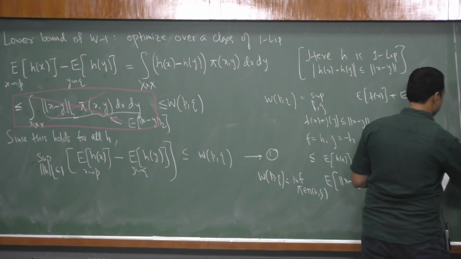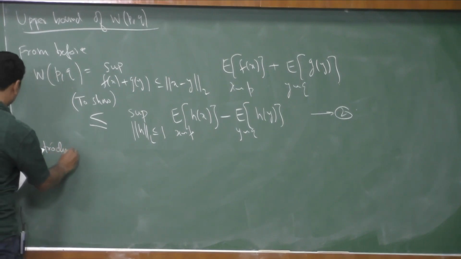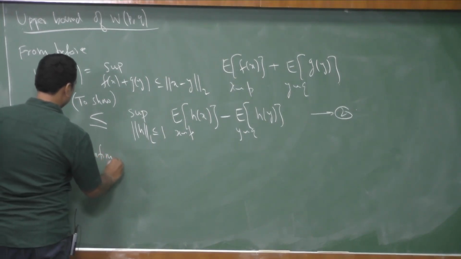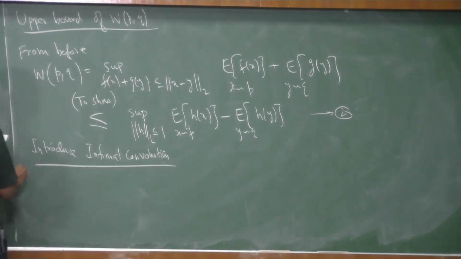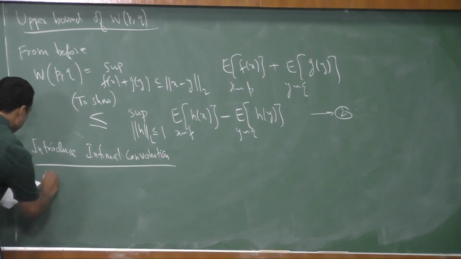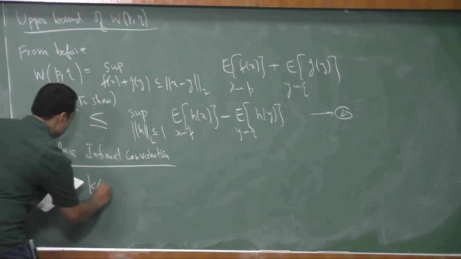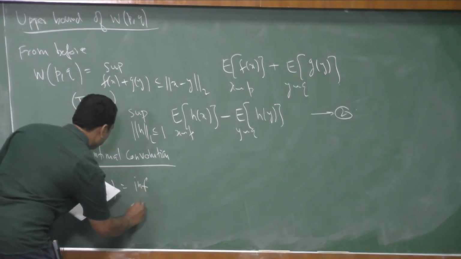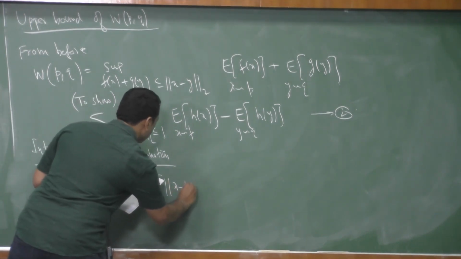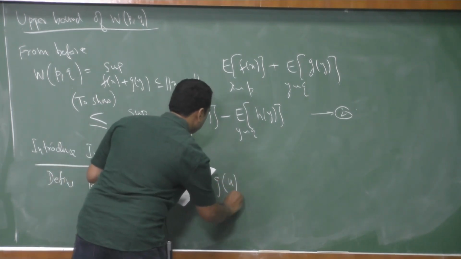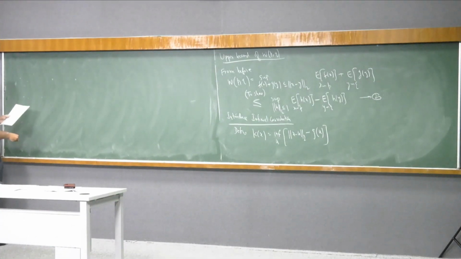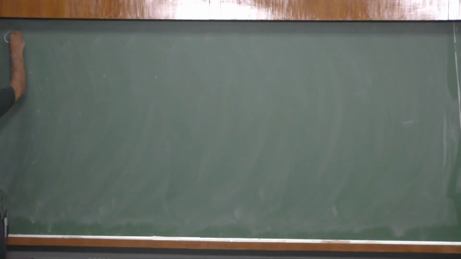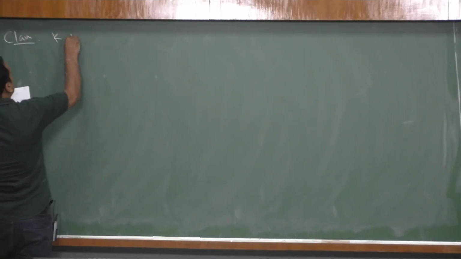So introduce the infimal convolution, and to this define k(x) as the infimum over u of the norm of x minus u minus g(u). Okay, we define this to prove this upper bound. Our claim is that k is 1-Lipschitz.